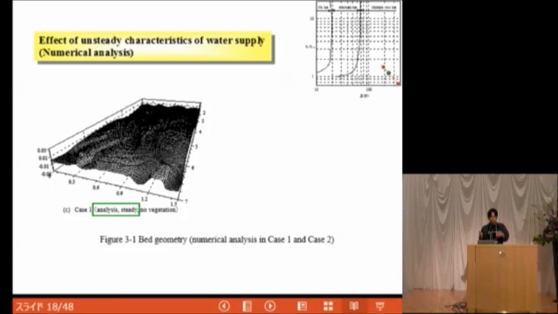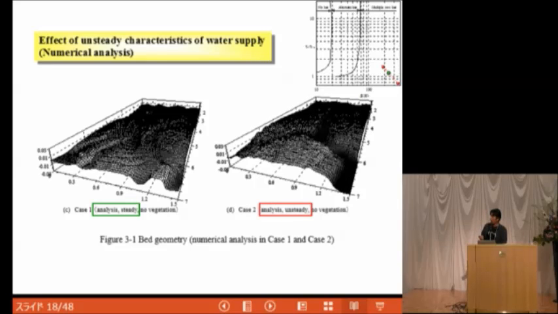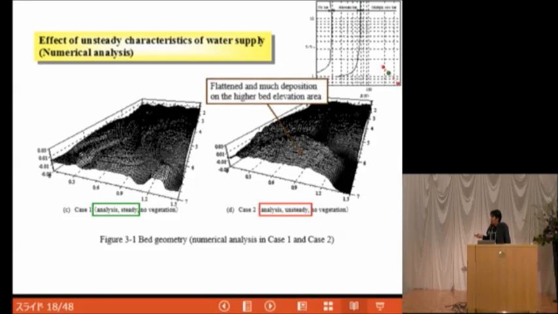The total amount of the water discharge is the same, but if we supply the water under unsteady flow condition, sediment will be deposited on the bar very much, because during the flood, sediment will be transported on the bar, and so small channels will be filled with the sediment.